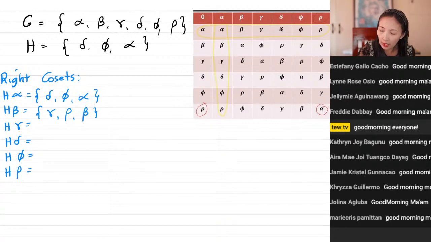Next, how about H gamma? So, delta times gamma. Get the intersection of the two. Delta times gamma is rho. So I'm going to write it here, rho.